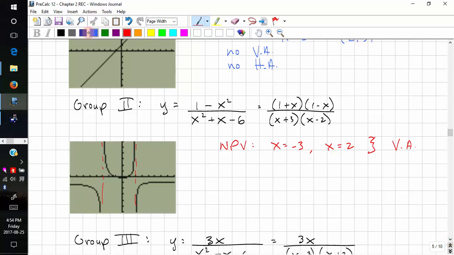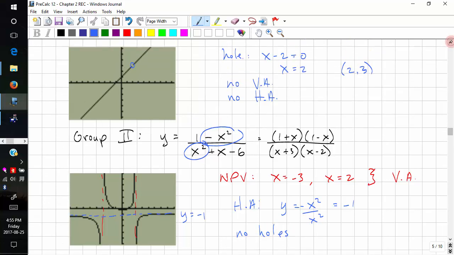We also want to note that here we have a horizontal asymptote, y equals negative 1. If we look at the leading terms, we have negative x squared over x squared. That's negative 1. So we can calculate the horizontal asymptote by dividing the leading terms. And we also want to note that there's no holes.